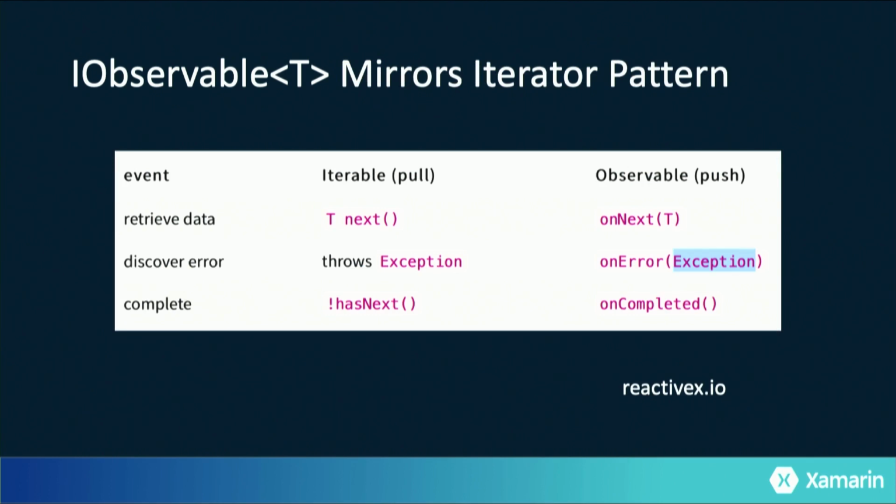So you can think of the observable very much as the iterator pattern. This is taken from reactivex.io, which is one of the main sources, a really good source that has a breakdown of all your operators and everything. I have a link to it there at the bottom for you. It's effectively mapping your observable idea to the same things you can do with an iterator.